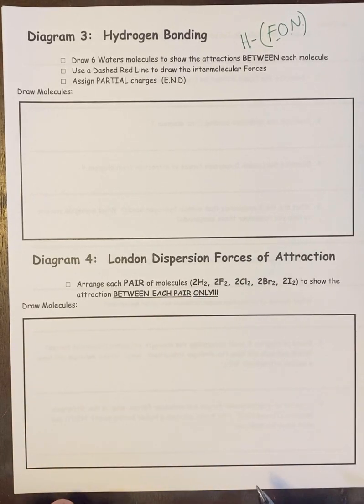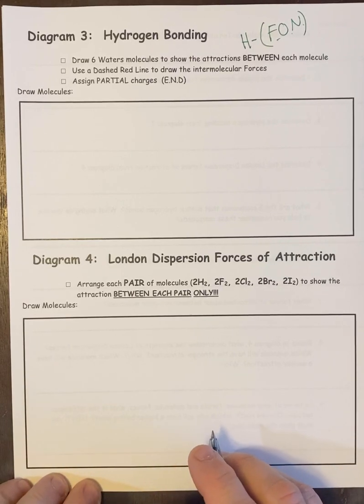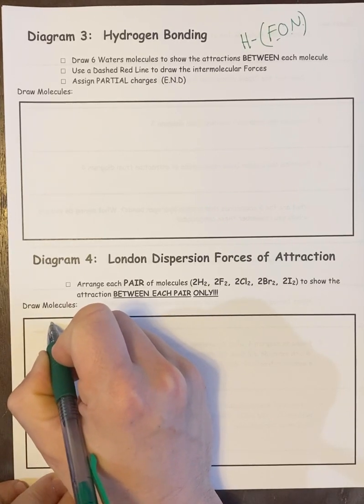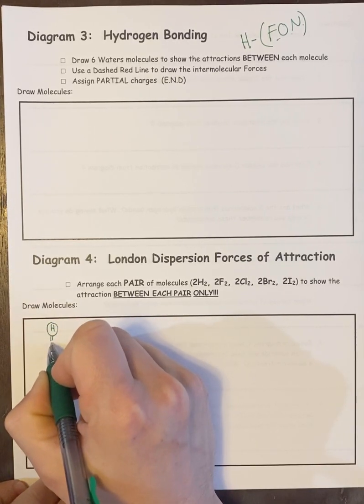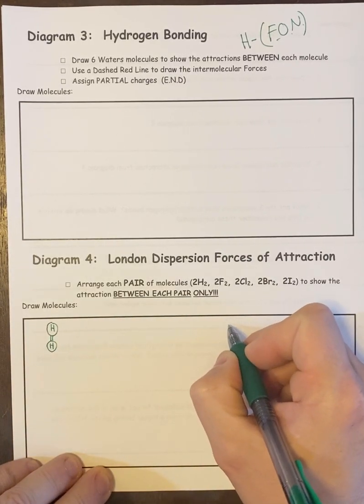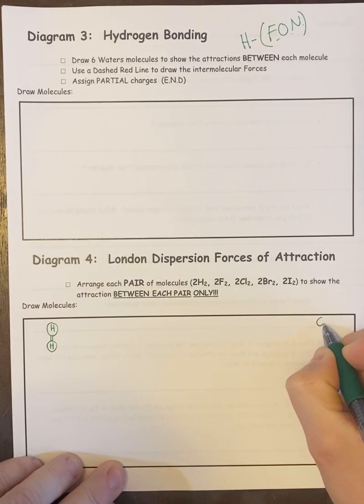Now, I'll do the first set because that one tends to throw everybody off. If you noticed, I made the molecules get larger the heavier they got. So the smallest molecule would be H2. So I'm going to draw it as small as I can. And then if I were going to draw another H2, since they're really small and they don't attract a lot, I could put it all the way over here.